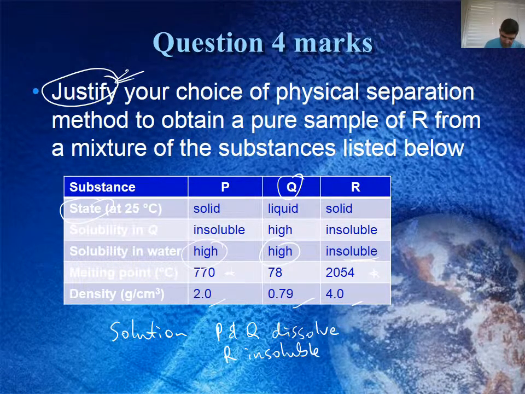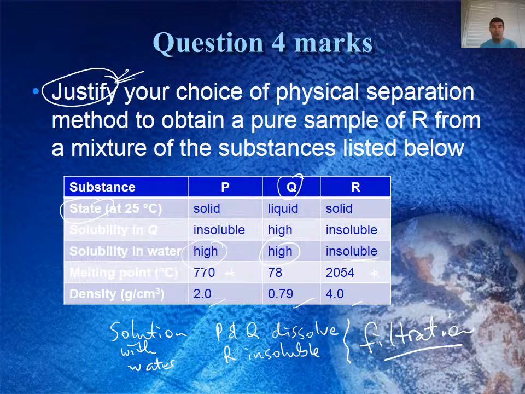Okay, so solution with water. So then, if P and Q remain in the water and R is insoluble, then we can use the separation method of filtration to separate this mixture. So my choice of physical separation method would be filtration.